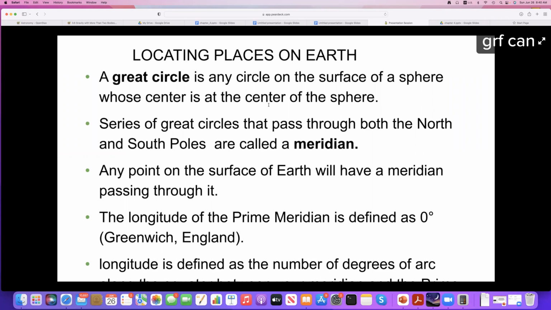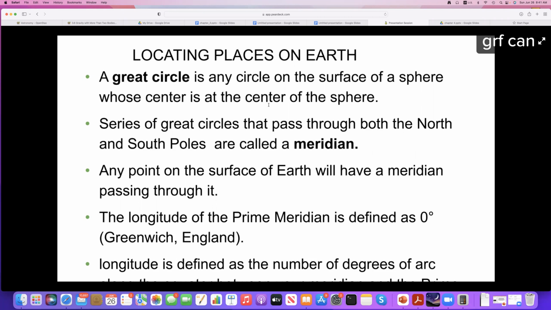Now think about a large sphere, and you can make any number of circles on that sphere, but the center of all of these circles should be the center of the sphere, right? So you can make any number of circles in that way. And I will show you a diagram in the next slide so that it will be more clear for you.